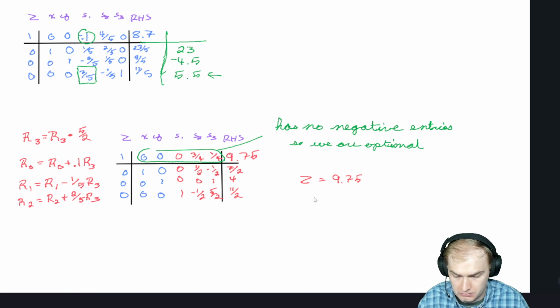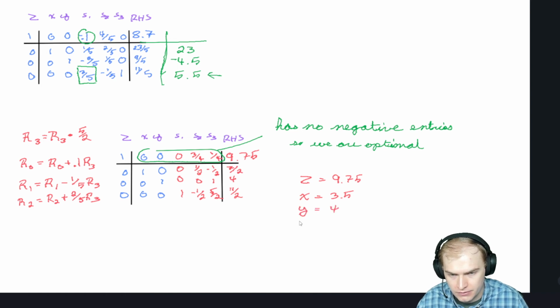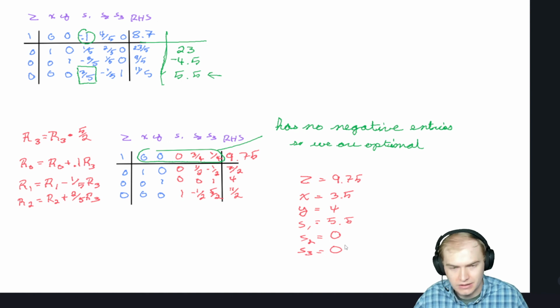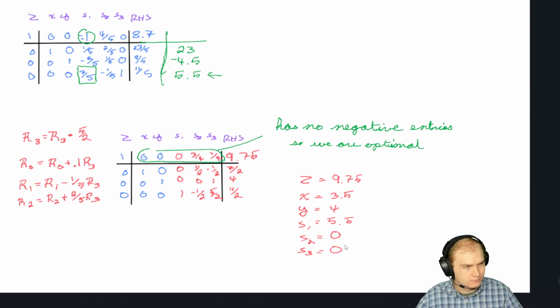X is 7/2 or 3.5, y is 4, s1, which we just put in the basis, is 11 halves, or 5.5, and s2 and s3 are non-basic, so they're 0.